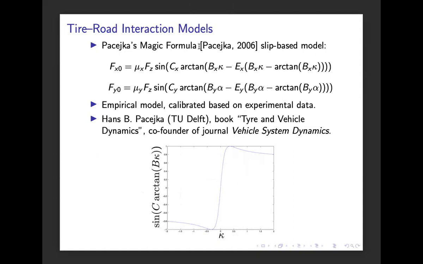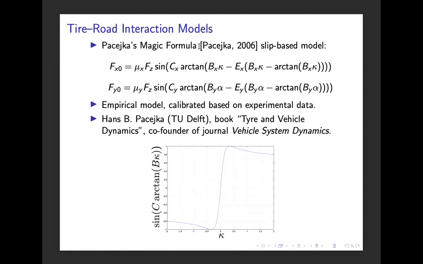But if we should capture the remaining parts of this curve, then we need some kind of more extended model. A model that has become very popular in vehicular system simulations is the so-called magic formula, proposed by Pacejka and co-workers.